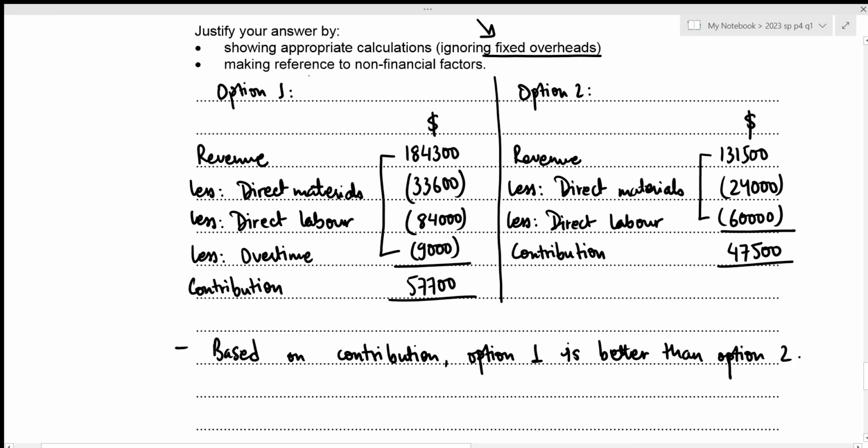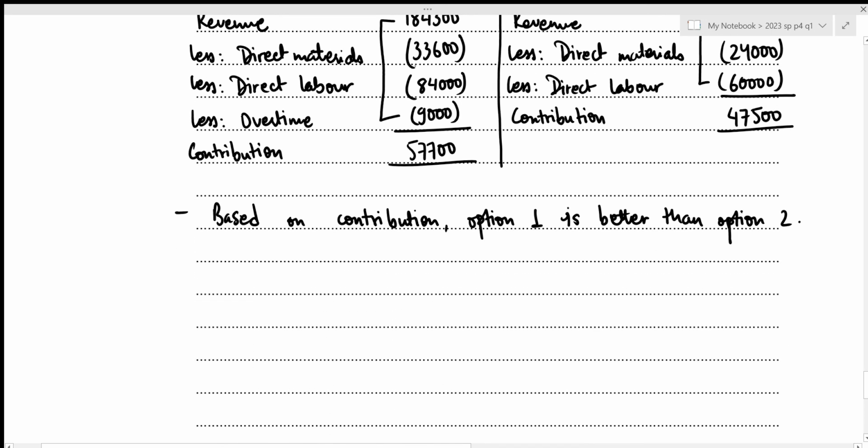Now we also need to make reference to our non-financial factors. Let's do that. Under option 1, we know that we have the total number of units of 1400 and our capacity is 1200, right? So this extra capacity can be fully used and we are utilizing all of the capacity. Let's write it down. Under option 1, capacity can be fully used, whereas under option 2 we are only preparing 1000 units, right?